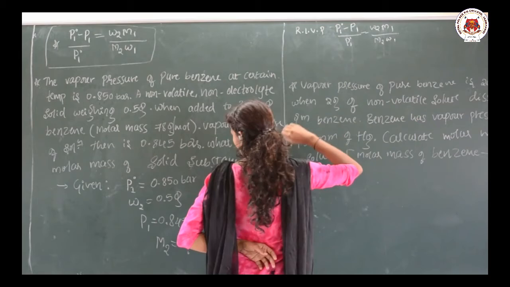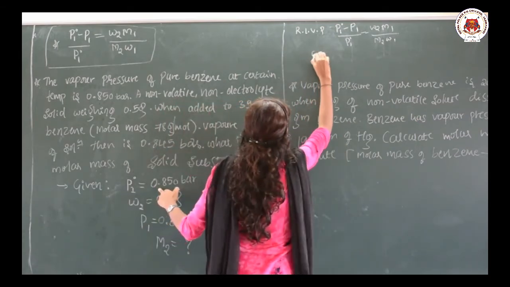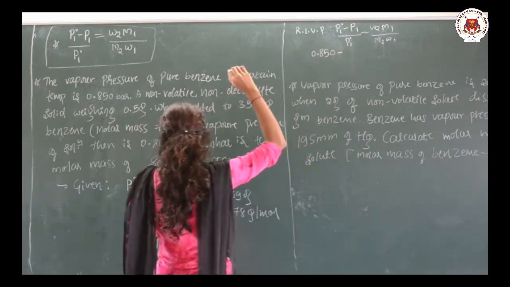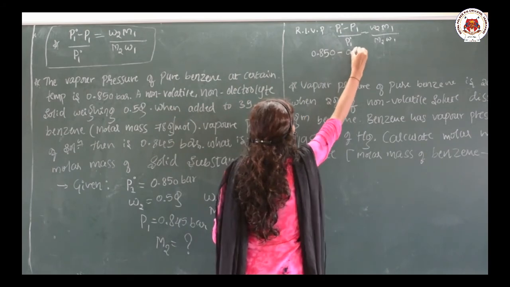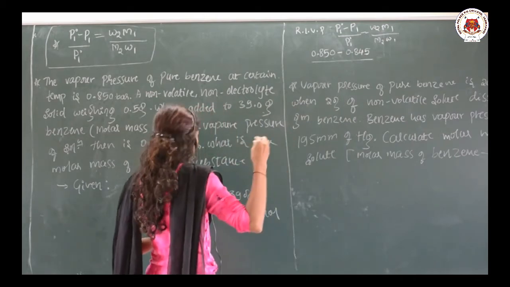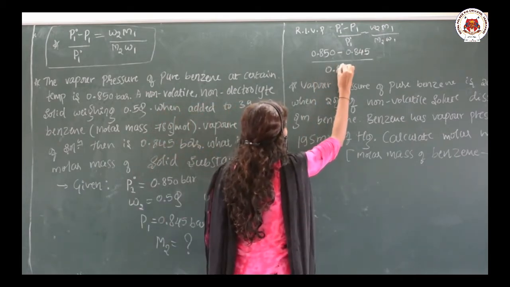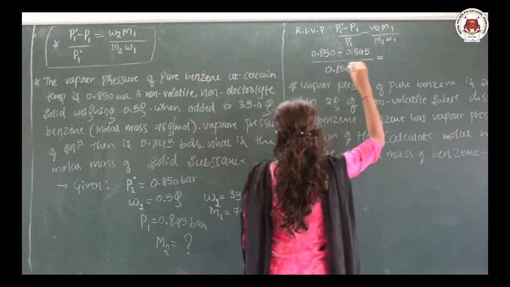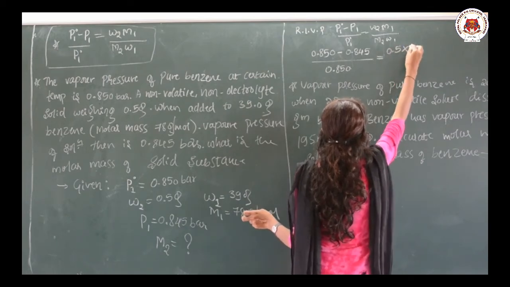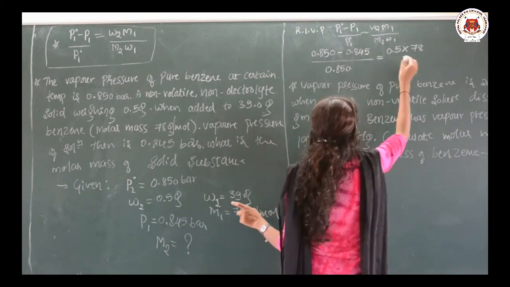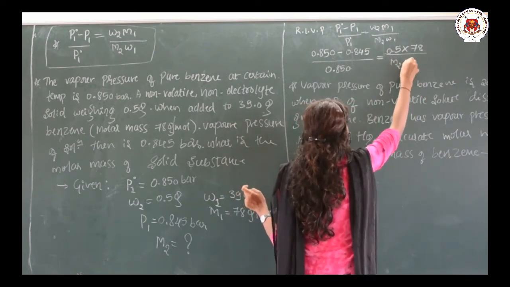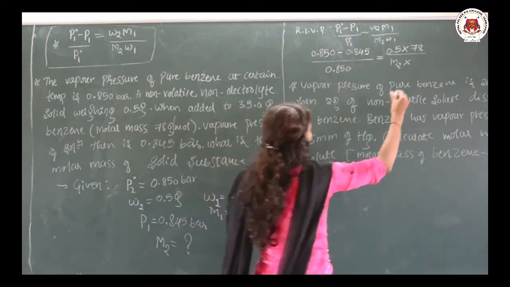So, substitute the values here: P1 naught minus P1, divided by P1 naught which is 0.850, W2 is 0.5 and M1 is 78, and then M2 we need to calculate, into W1 which is 39.